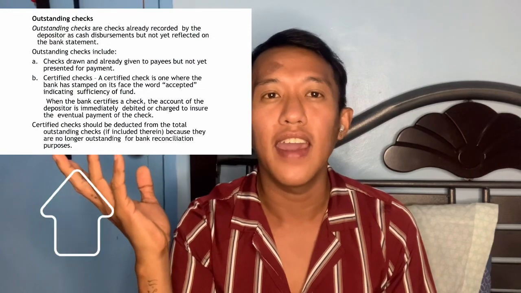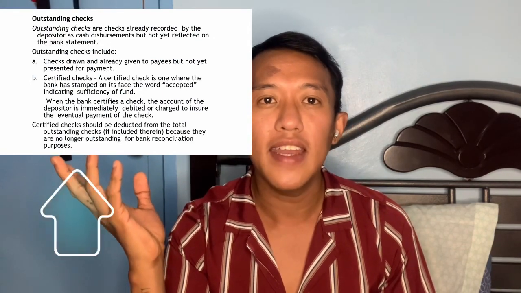Another reconciling item is the outstanding check. What is an outstanding check? Outstanding checks are checks already recorded by the depositor as cash disbursement but not yet reflected on the bank statement.